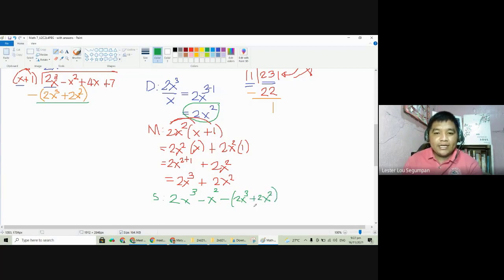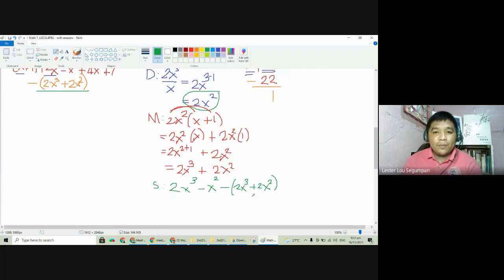See the process here. There is a grouping symbol. And remember that if we are going to remove this grouping symbol preceded by a subtraction sign, the signs here will be changed. See this one. You will have here 2x cubed as it is minus x squared as it is.